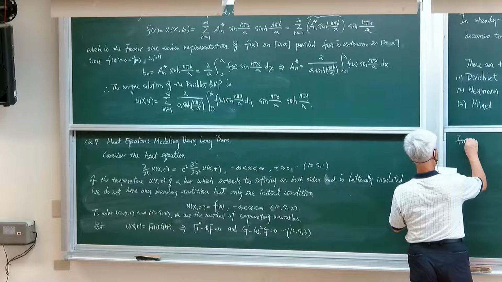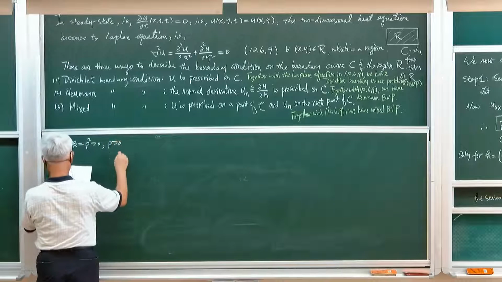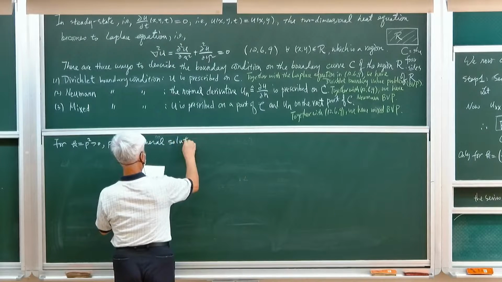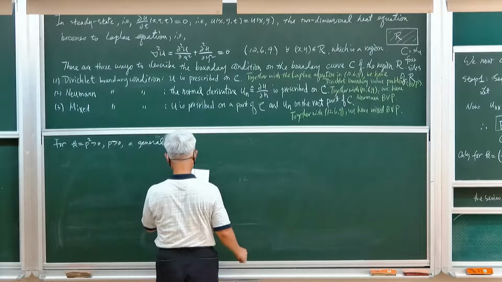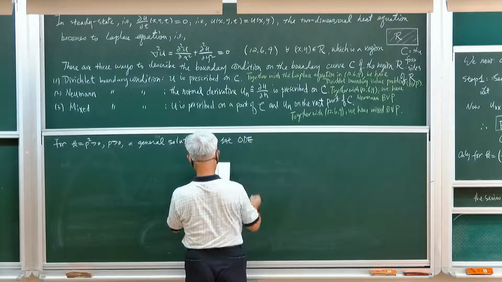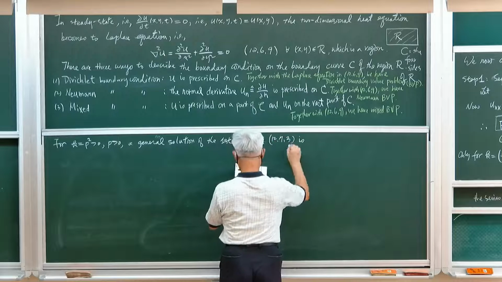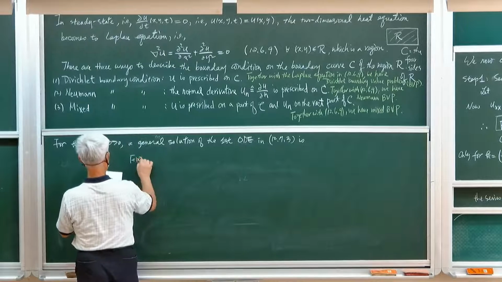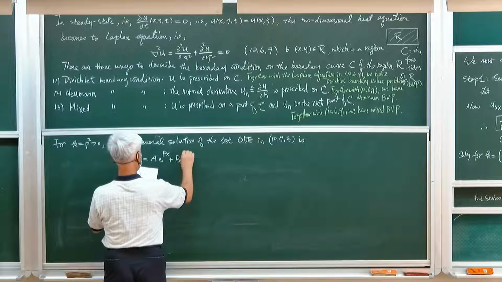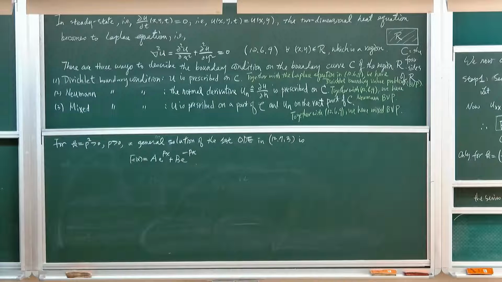Now for k positive, a general solution of the first ODE in 12.7.3 is F of x equals A e to the p x plus B e to the minus p x.